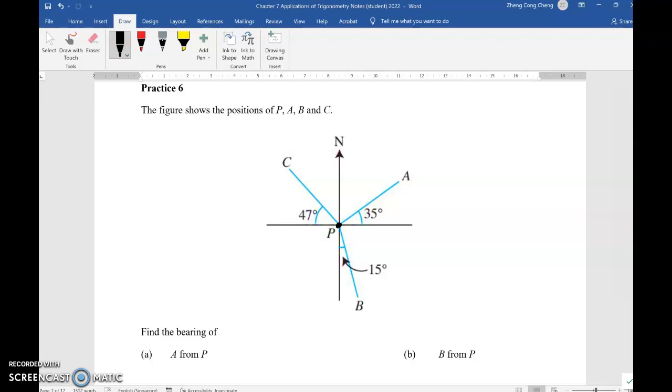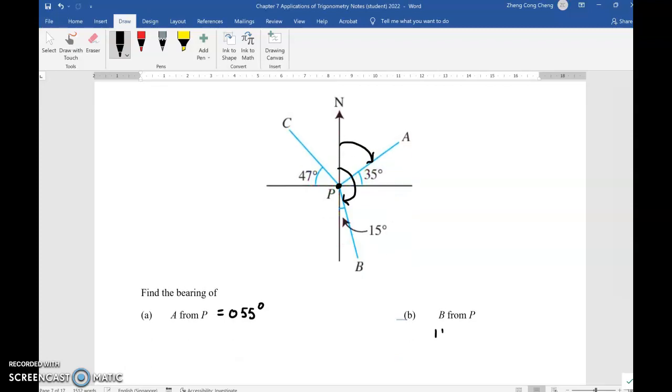The north is drawn for you. So A from P will be the angle from north to A. So this is still quite simple. It is 55 degrees. B from P would be this big one over here, which is 180 minus 15, which is 165 degrees.